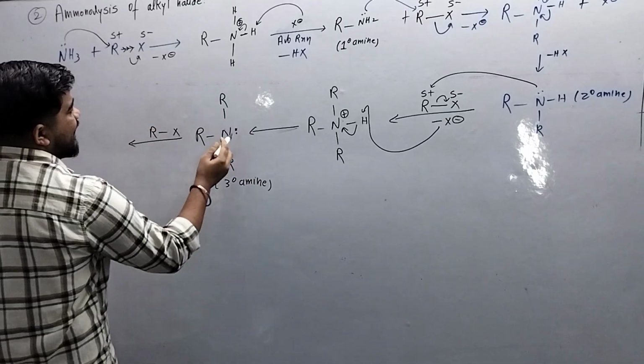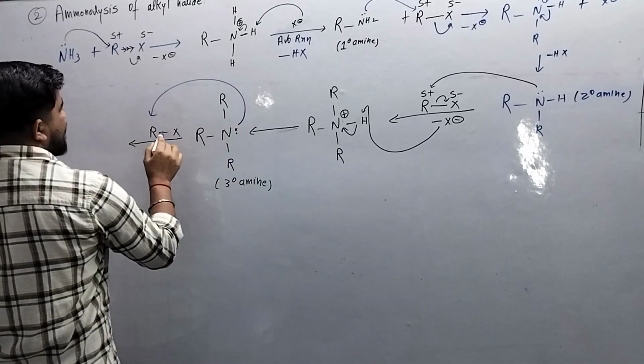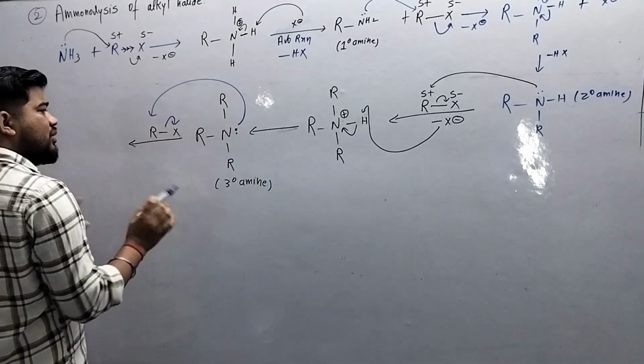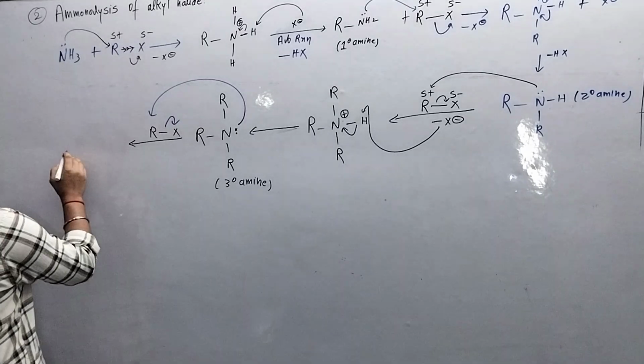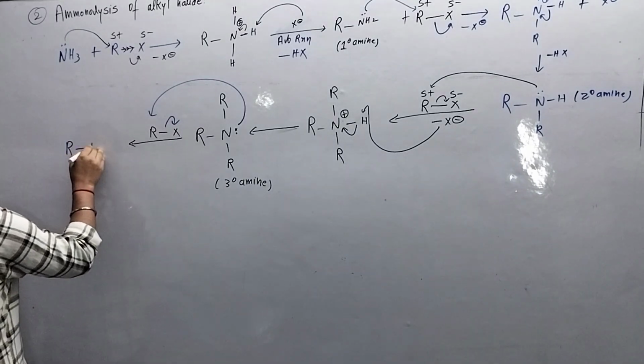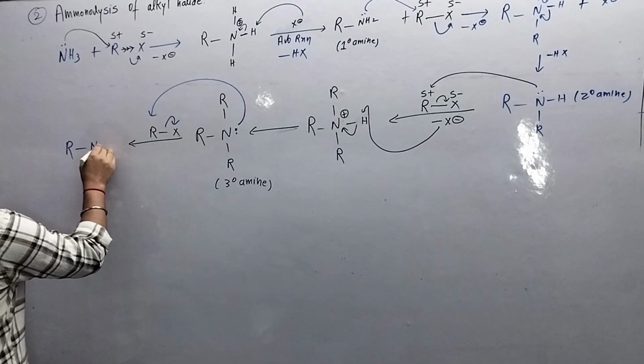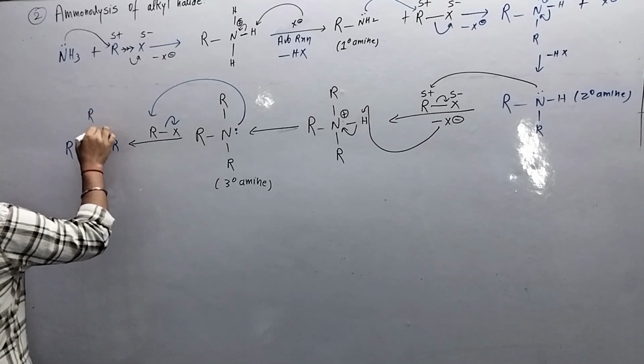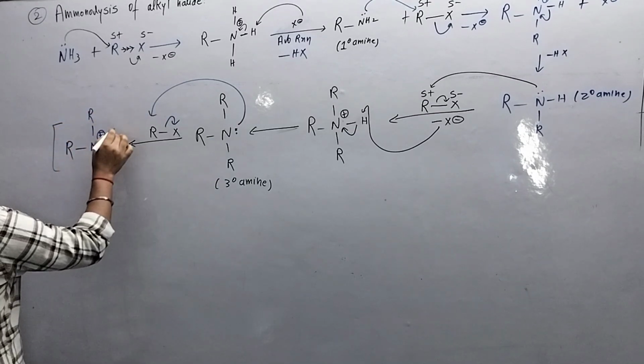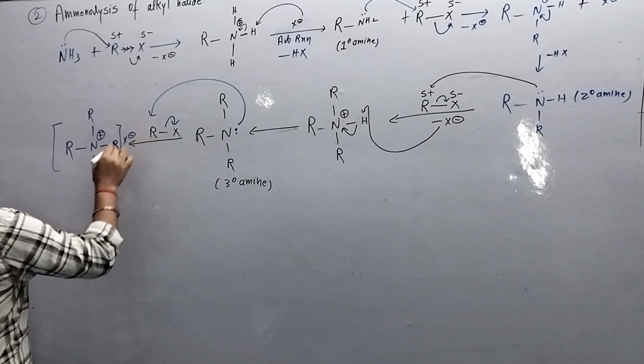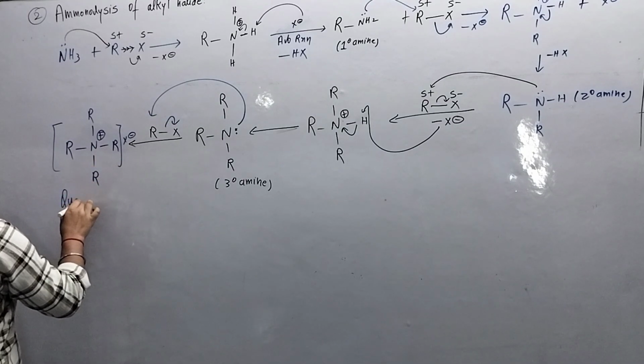It again acts as a nucleophile, donates electrons, and X minus is not released from the quaternary ammonium salt. The product will look like R, R, R, R, and nitrogen will get a positive charge, and this is called a quaternary ammonium salt.